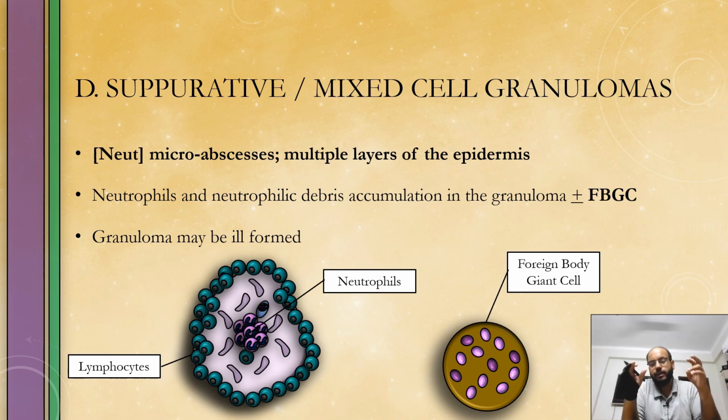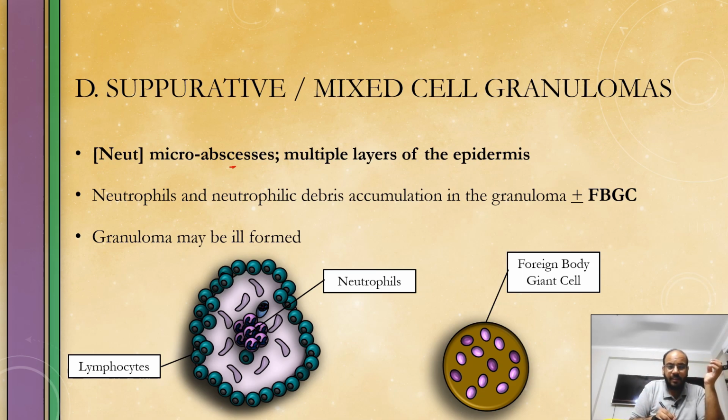So lymphocytes are already present. But along with lymphocytes, if you see neutrophils or a neutrophilic abscess inside a granuloma, you have mixed cell granulomas. And since you have abscess formation, we call it suppurative or abscess forming granuloma. Okay, so the fourth type is suppurative granuloma or mixed cell granuloma.